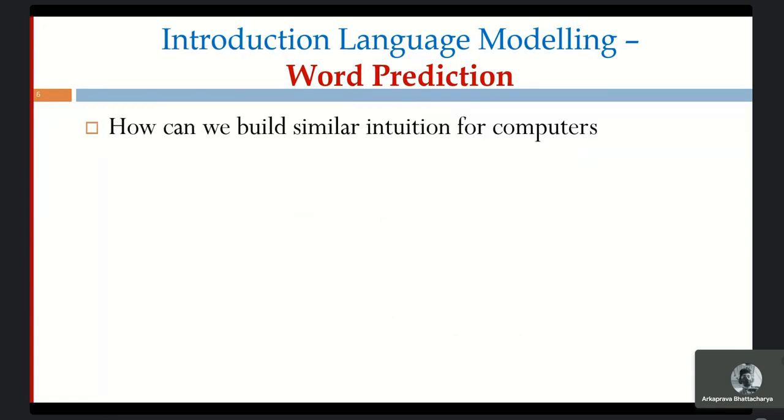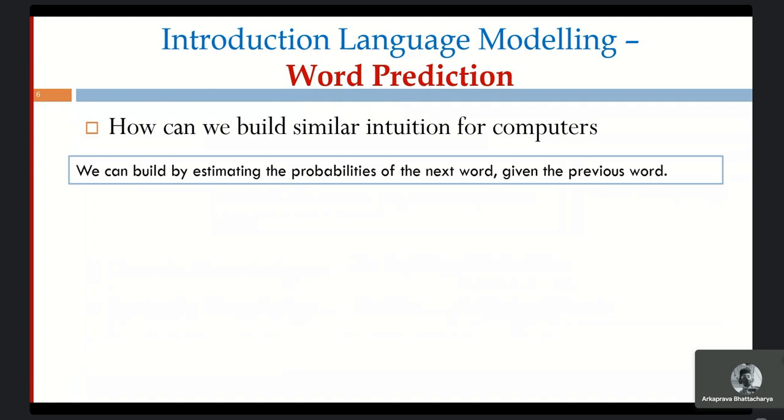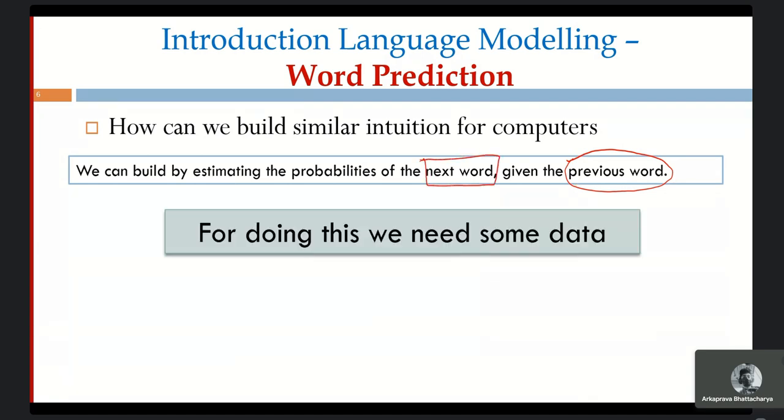So how can we build similar intuitions for the computer? We can build by estimating the probabilities of the next word with respect to the given previous words. So this is very important, that based on the previous words, you are going to predict the next word. For doing this, we need some data.